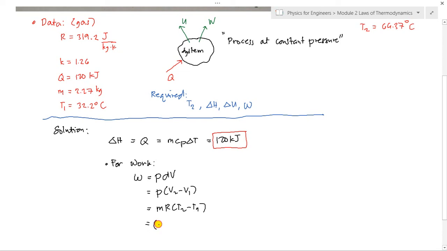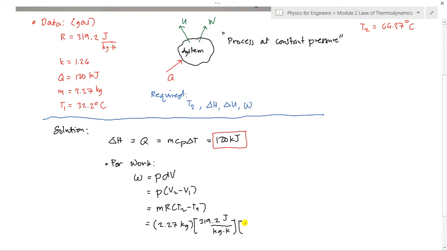So for our mass, we have 2.27 kilogram. Our R here is 319.2 joules per kilogram Kelvin.